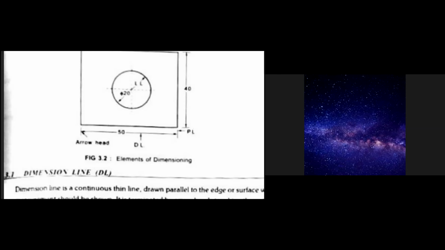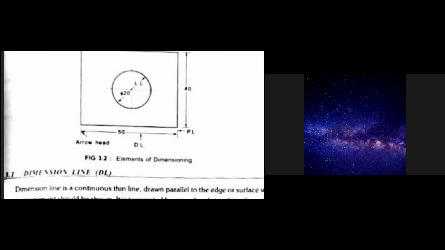Next element is the dimension line. The dimension line is a thin continuous line drawn within the projecting lines, parallel to the constructing line.